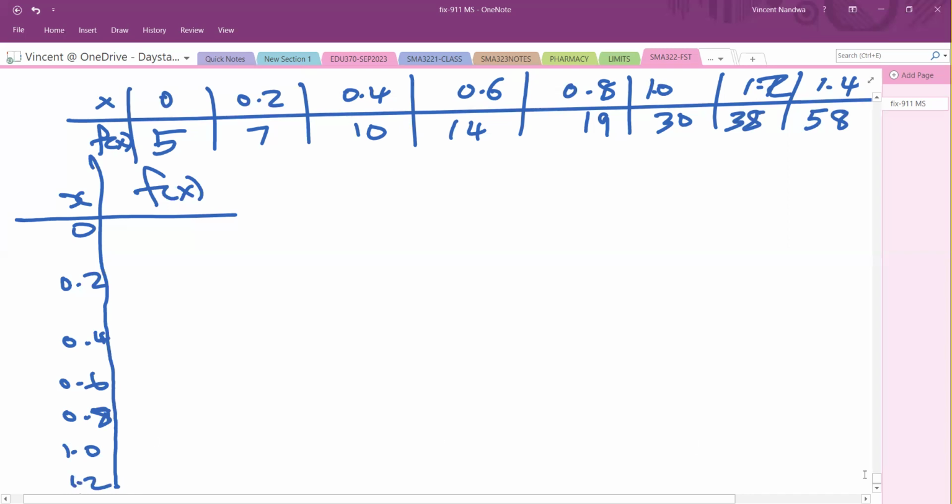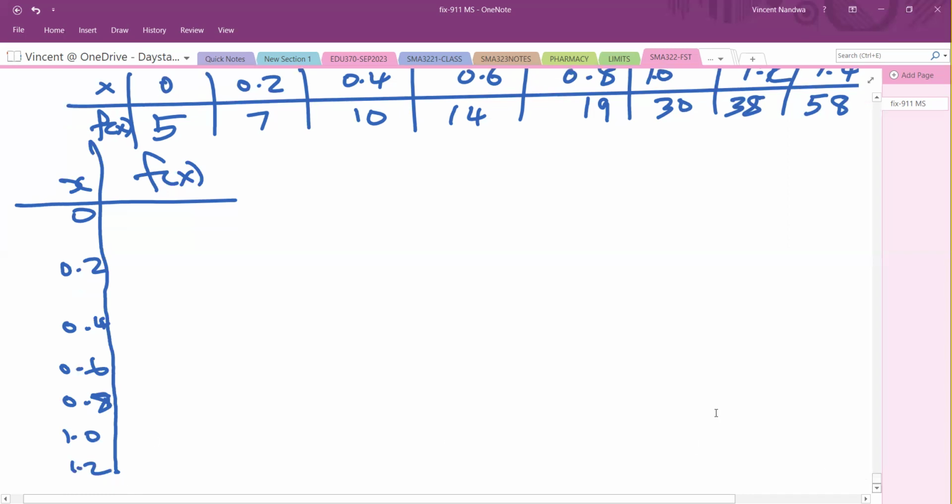Please make this table. It may be useful to you when you want to interpret some of these problems. So I have here as 5, this is 7, this is 10, 14, 19, 30, 38, and 58.